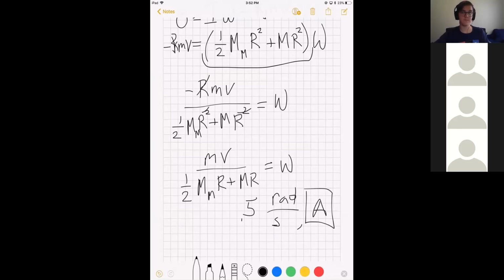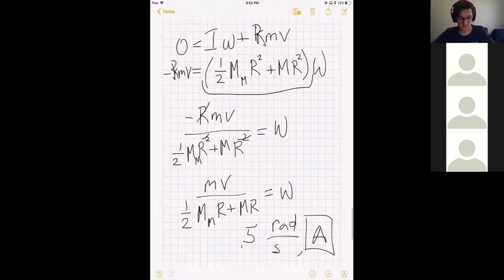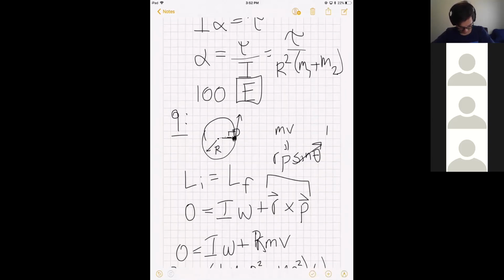But the key point here is realizing that we have to include the ball in our system after it's been thrown, because otherwise the angular momentum isn't conserved and things get complicated. So yeah, this is a little tricky. The negative you drop because it just corresponds to the direction of the rotation.